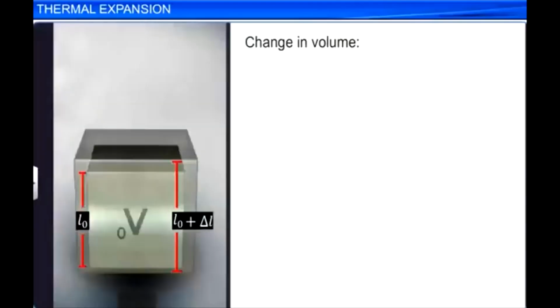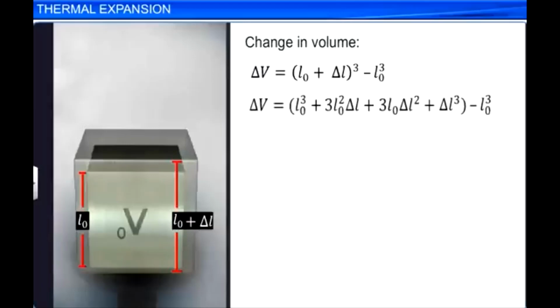Change in volume delta V equals (L naught plus delta L) whole cube minus L naught cube. This is equal to L naught cube plus 3 L naught square delta L plus 3 L naught delta L square plus delta L cube minus L naught cube. The terms delta L square and delta L cube can be ignored as their values are negligible.